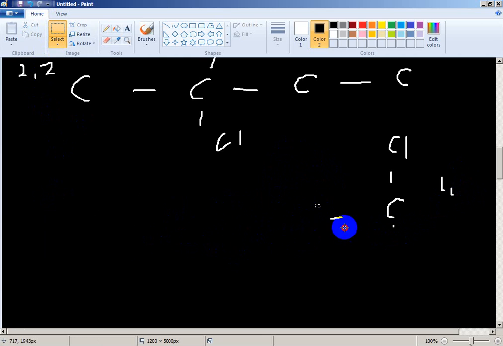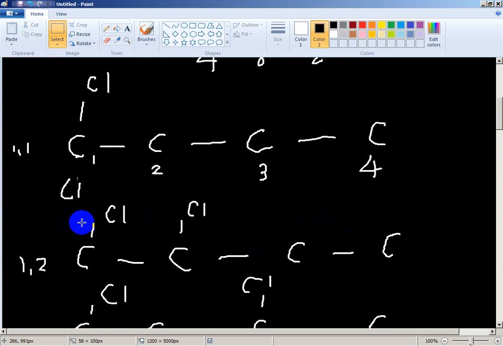For the straight chain, now I put hydrogen. Add hydrogen finally. How many hydrogens here? Carbon can form 4 bonds. This carbon already has 1 bond, 2 bond, 3 bond, so one more bond will form with hydrogen.